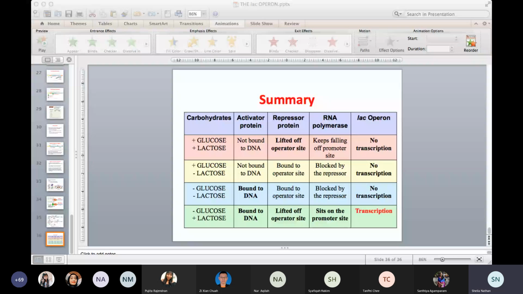That is a very good question. If you see on this slide, nothing is permanent. The binding, nothing is permanent. Even when I say that the repressor is bound to the operator 98% of the time to switch off the transcription, it is not the same repressor molecule that keeps binding all the time.